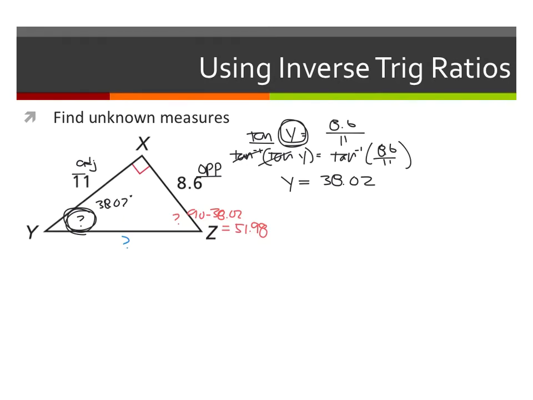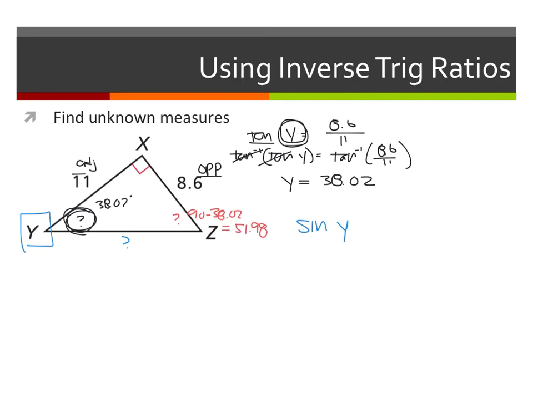Well, you know you have to use either sine or cosine because they both involve the length of the hypotenuse. So if we use angle y, and sine or cosine, it doesn't really matter. We know pretty much everything else. So let's just use sine.